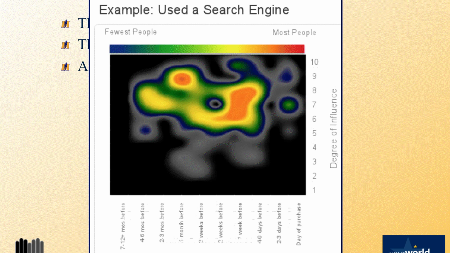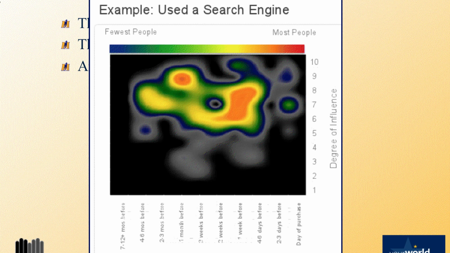On the vertical axis, it's the degree of influence. So in this case, we're looking at people who used a search engine. And the higher the value on the vertical scale, the more importance they gave to the results of that search, the more influential the information they acquired from it was in the search process.